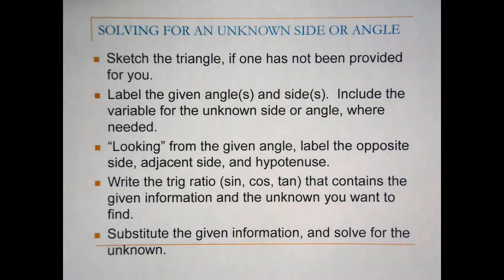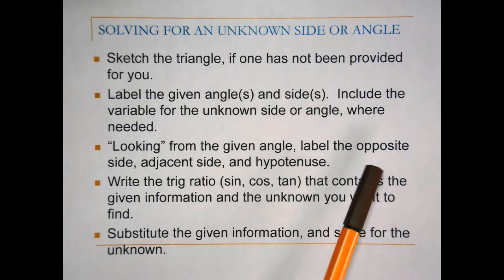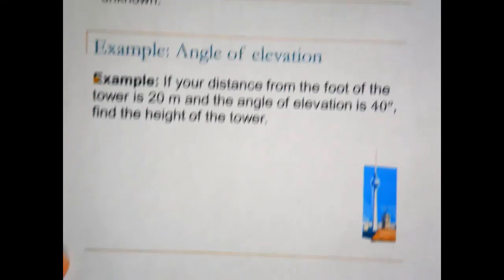Are you trying to find an unknown side, or are you trying to find an unknown angle? So you will do your labeling in terms of the adjacent, hypotenuse, and opposite, and then you will set up the trig ratio, SOH CAH TOA, the same way we did in the previous lessons. You substitute the known values and then you solve for the unknown value. So let's start with an example.